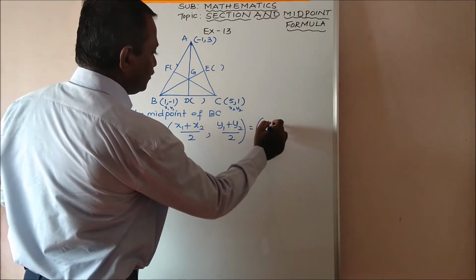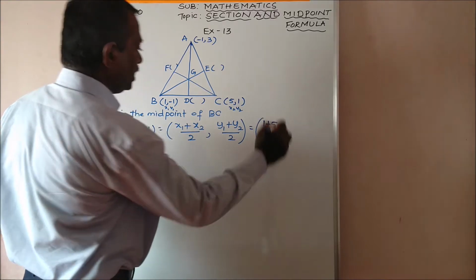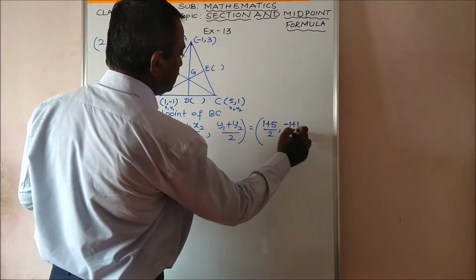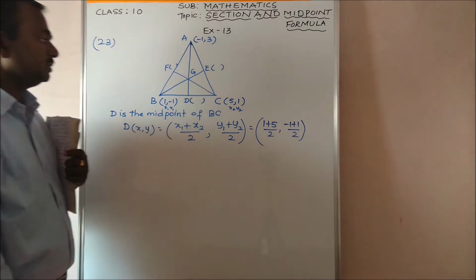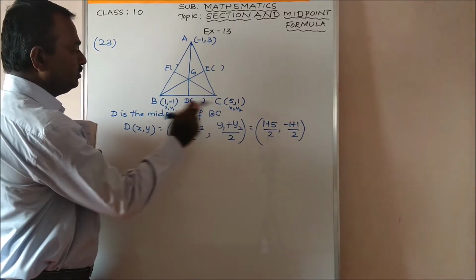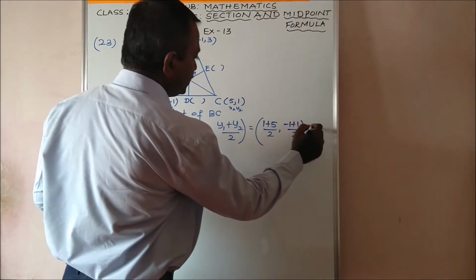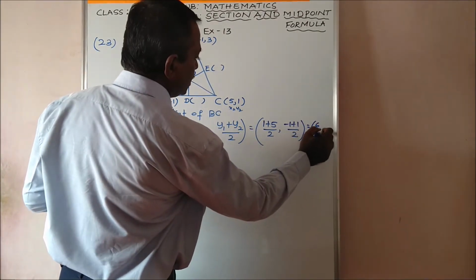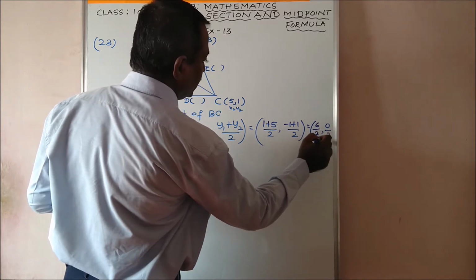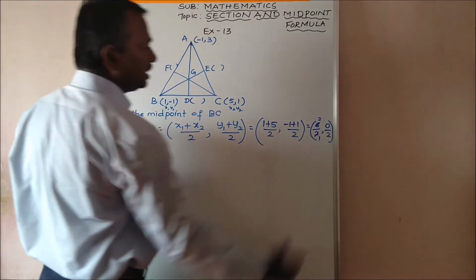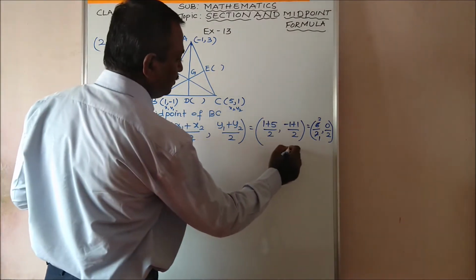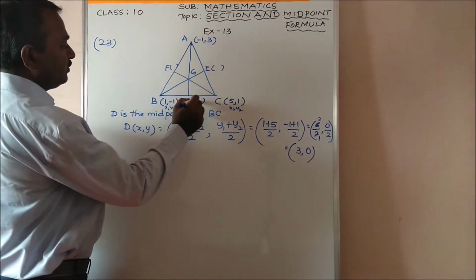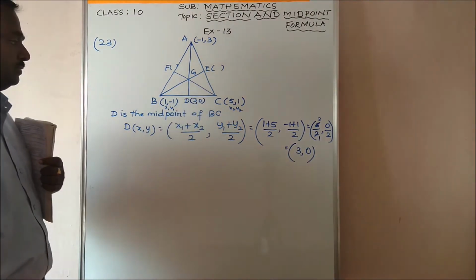So (1 plus 5) by 2, comma, (minus 1 plus 1) by 2, that is equal to 6 by 2, comma, 0 by 2, which is 3, comma 0. Correct? So the coordinates of D are (3, 0).